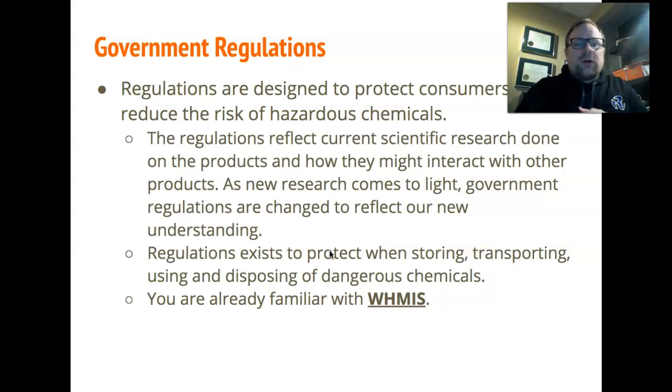So you're already familiar with WHMIS, right? And it's actually been updated recently, and the WHMIS is something that is recognized worldwide as a set of standards for how to handle workplace hazardous materials. And a lot of those workplace hazardous materials can be found in homes as well.